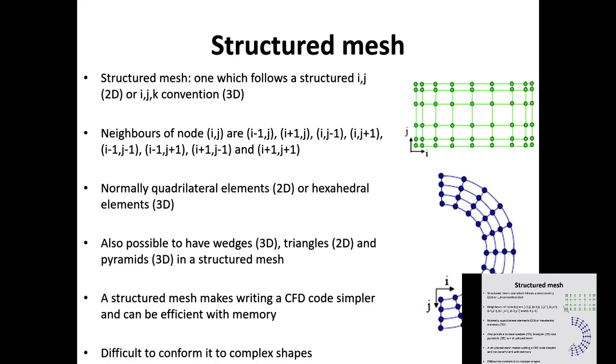So hexahedral meshes are structured meshes. But you can use tets for unstructured meshes. The good thing about structured is you get solutions quicker, and it's simple to visualize and simple to understand. But with unstructured meshes, you can mesh anything, any shape.